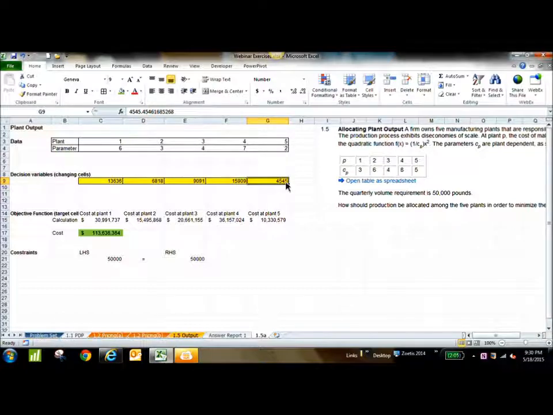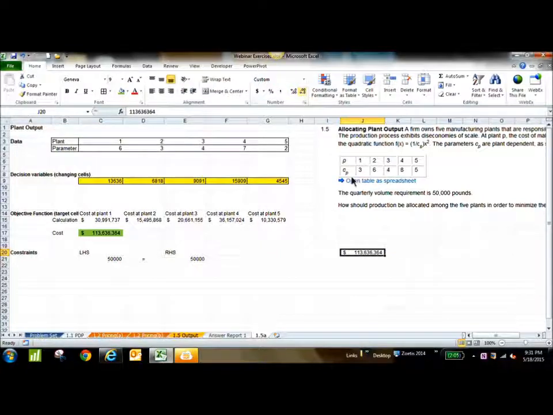Okay, good. So what if I do this? Remember this value, 113,636,364. This is in dollar value. This is what we got as a minimum value using the Solver.